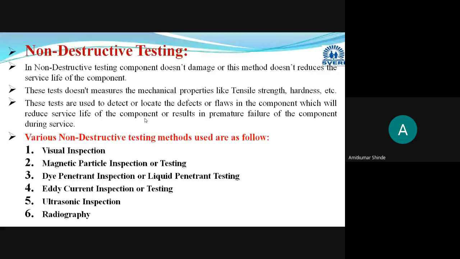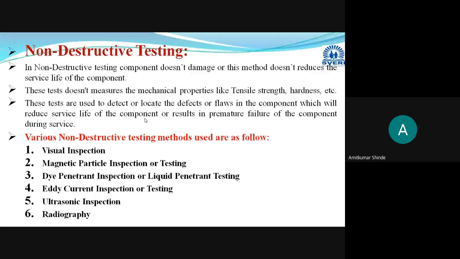Premature failure means suppose you are expecting a service life of one year, and it fails before that one year. That is termed premature failure during service. This will happen if the defect gets carried forward in the final component. So to avoid this, you have to detect or locate the defects and flaws in that component, and for that these non-destructive testing methods are used.